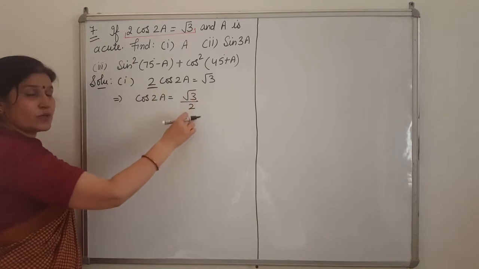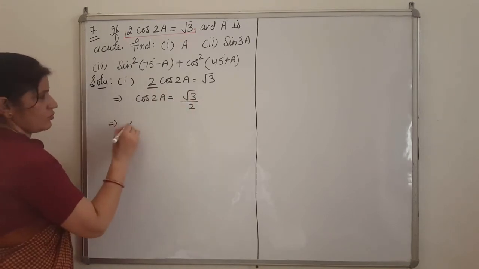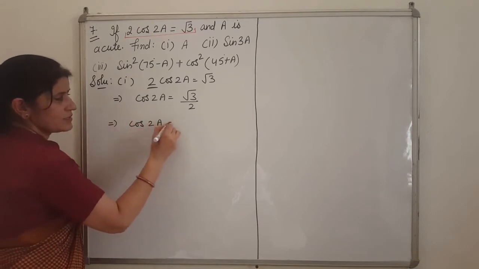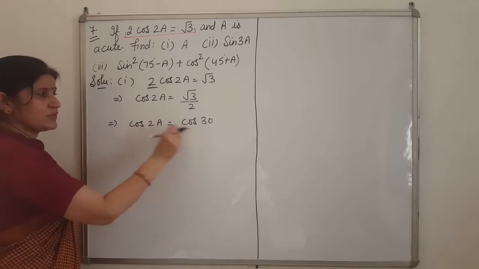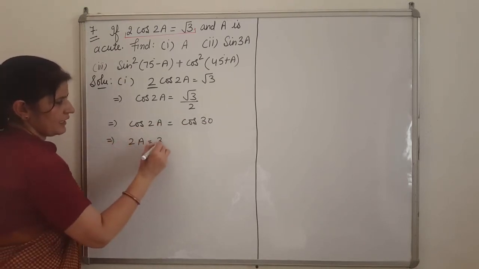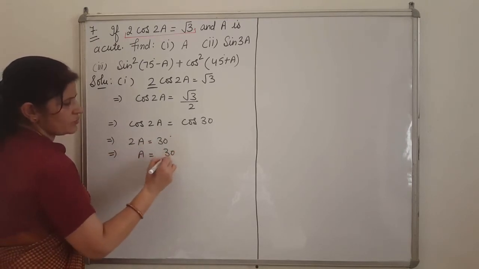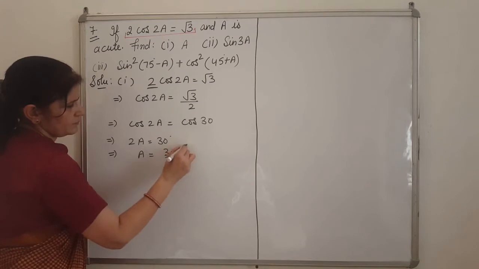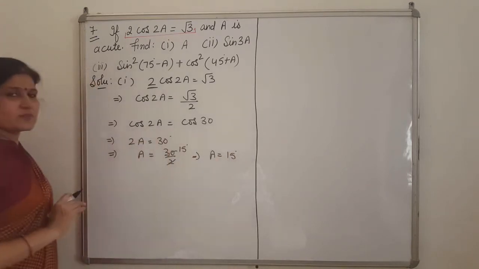Now in cos, root 3 over 2 is the value of which angle? Cos 2A equals cos 30. When you compare, cos will be cancelled. Then what is left? 2A is 30 and A is equal to 30 over 2. Value of A is 15. Our first part is solved.